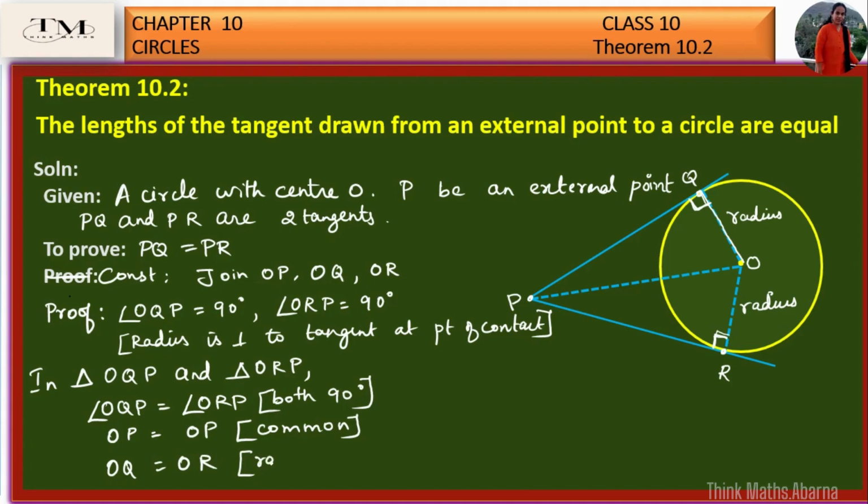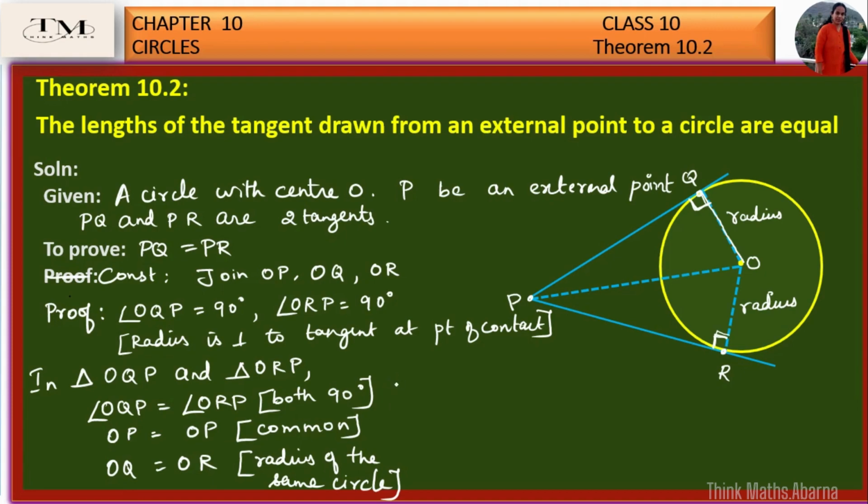The reason is radii of the same circle are equal. So here an angle is equal, which is 90 degrees, and OP, the side opposite the 90 degree angle, is the hypotenuse. It is common. Next, the sides OQ and OR are equal.